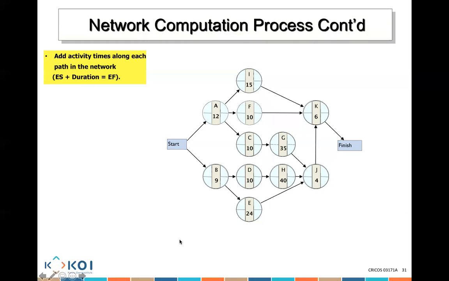Now I'm going to start implementing this and it will start making more sense. The way that you calculate it, and this is very important, please focus: you add activity time along each path in the network. That becomes your early start. You add the duration to it, and that gives you the early finish.